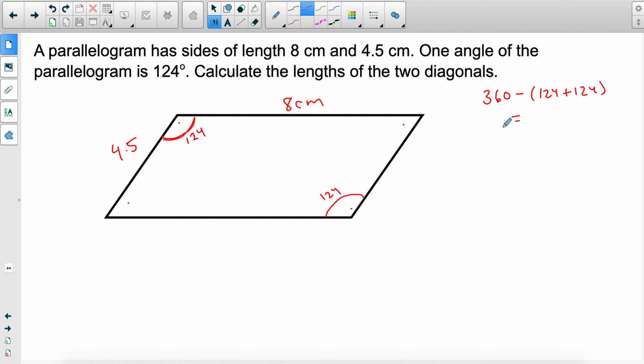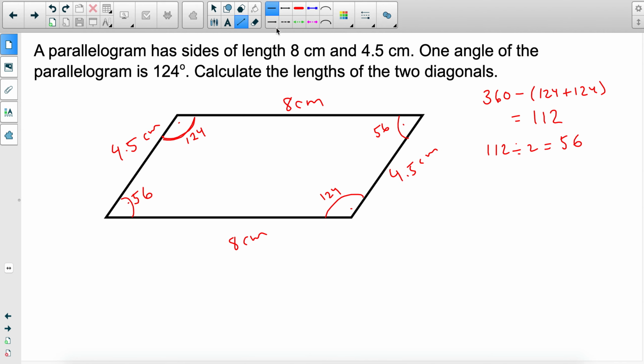So the answer to the whole thing will be 112. But the 112 is this angle plus this angle, so you'll have to take 112 and divide it by 2, and that is going to give you 56. So the angle here is 56, the angle there is 56. Usually this type of filling in your construction is useful if you're ever confused about what to do in your diagram.